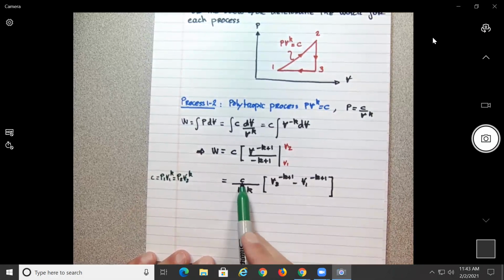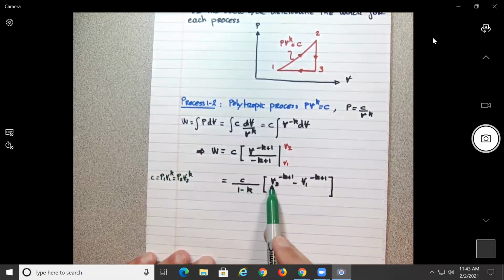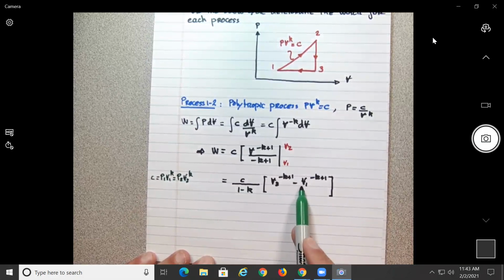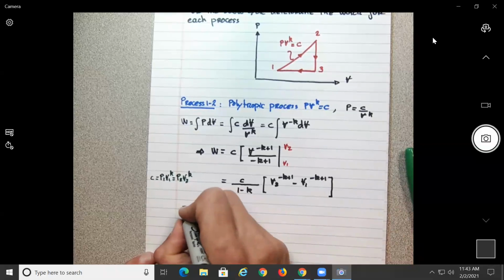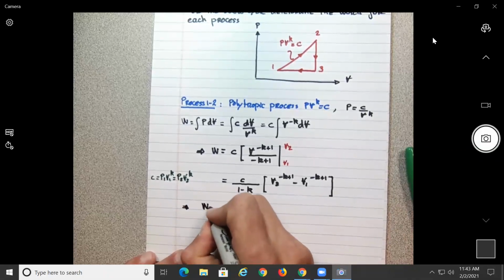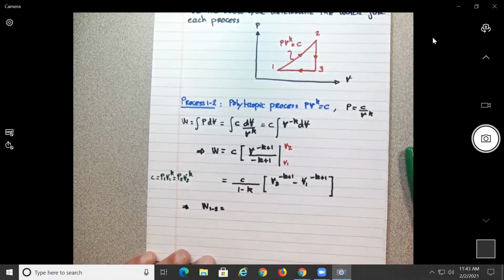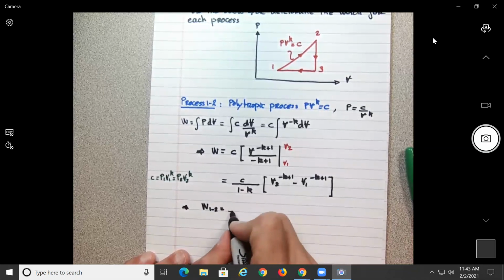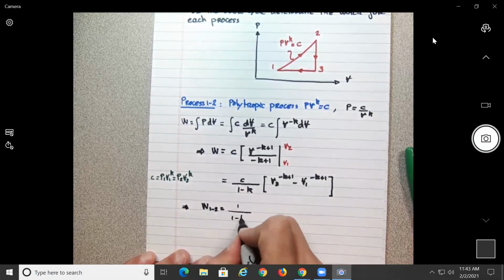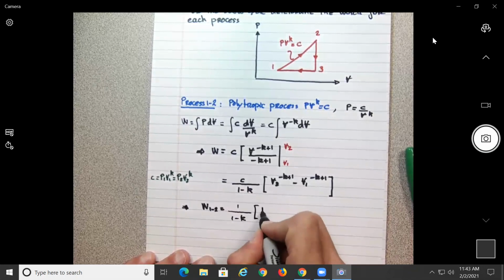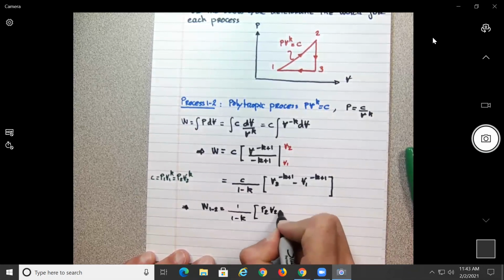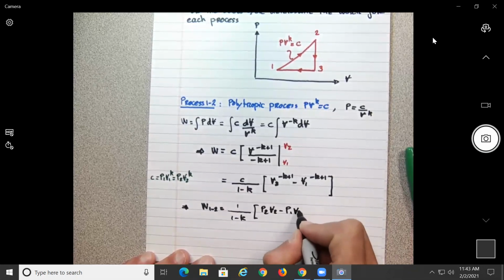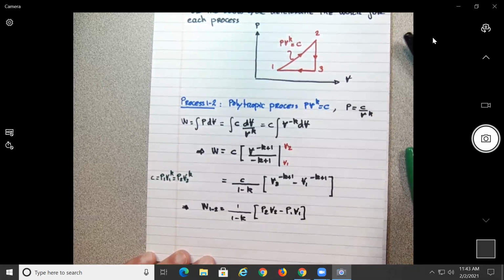So if I put this C close to this one, the C would be P2 V2 to the K. And if I put the C over here, it will be P1 V1 to the K. So if we do that, we find that the work 1, 2 for process 1, 2 is equal to 1 over 1 minus K, P2 V2 minus P1 V1.